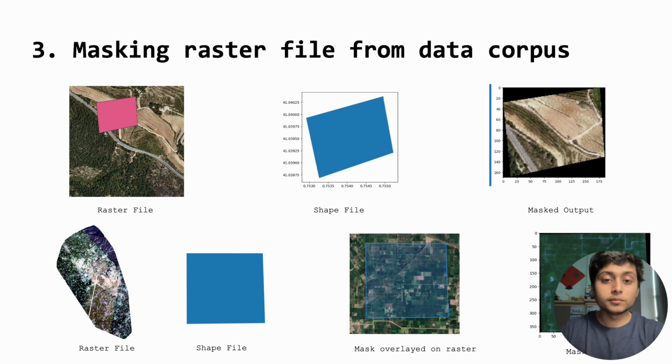Moving forward, the first major part of the pipeline is masking any raster file that we have and extracting the specific region of interest from that big raster file. So imagine having a huge raster file, in other words, a huge satellite data corpus for, let's say, the district of SAS Nagar.